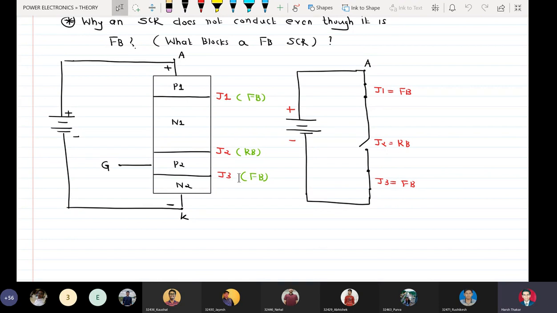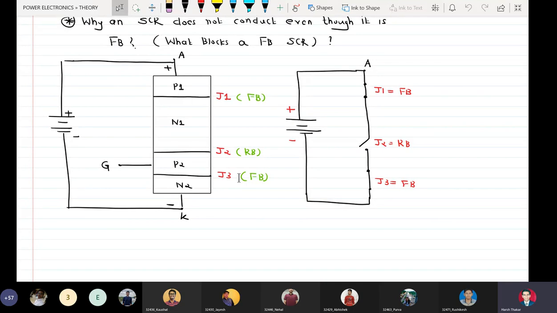So the conduction or blocking of an SCR is entirely dependent upon the biasing statuses of the internal 3 PN junctions. I repeat, the conduction or blocking of SCR is dependent upon the biasing statuses of the individual PN junctions J1, J2 and J3.